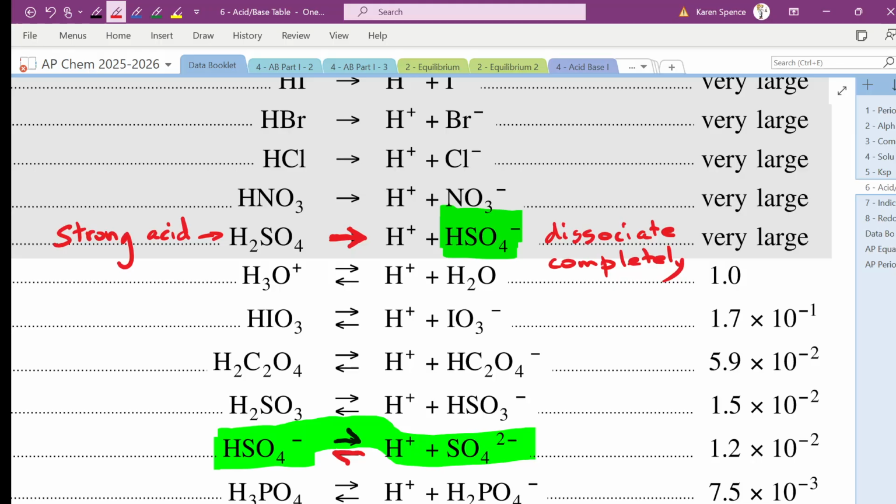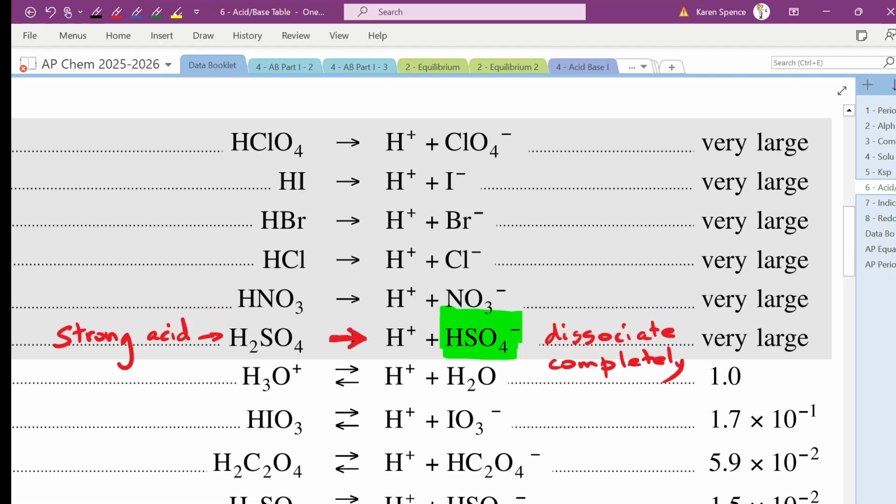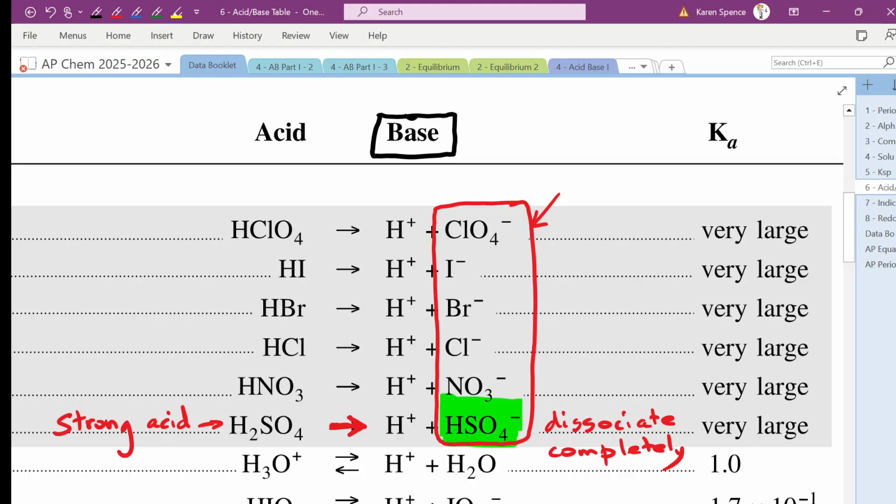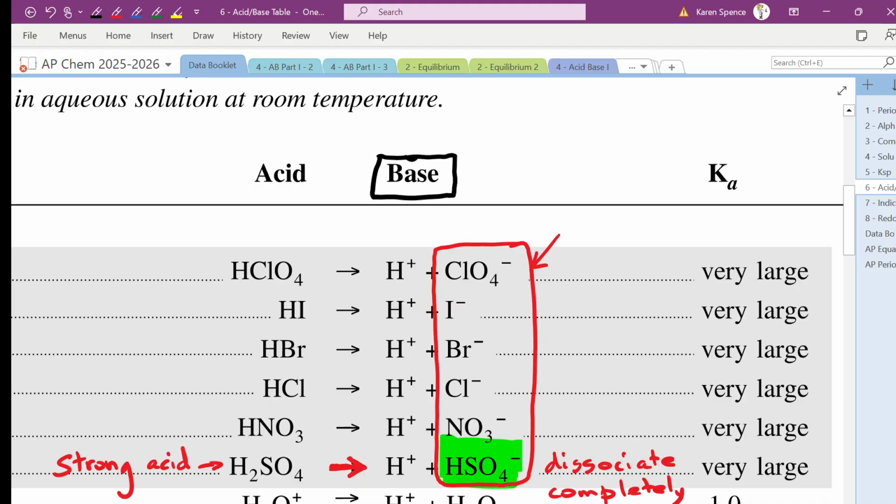So HSO4 minus and all of the other bases, these guys here are the conjugate bases. Do you remember that term? Did you learn that term yesterday? Should have a little bit. Yeah? These guys are what we call the conjugate bases, and we'll talk about that more in a moment. They are the conjugate bases of strong acids.